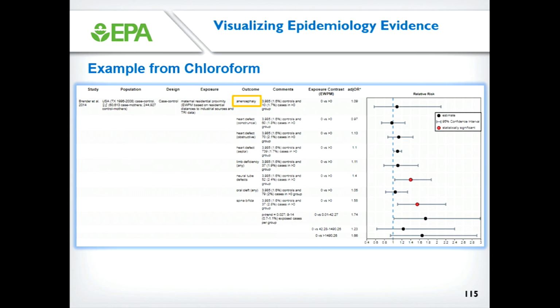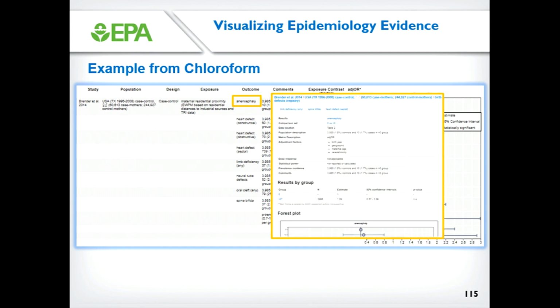And then the idea is that, because I want to find out more, I think this is anencephaly, I want to find out more about how this particular outcome was measured. I can click on that, and then I get this drill down where I see more information about the confounding factors. And so you can do this for each level. You can do this for the exposure assessment piece. How was this done? Again, it takes about 1 to 3 hours to do this process and do the bias assessment. There's a lot of granularity in here.